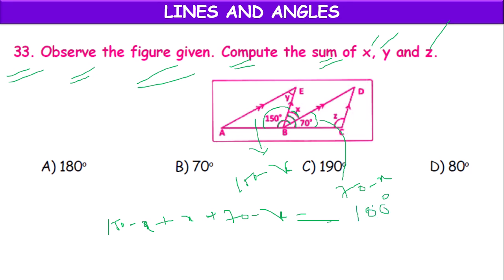So minus x plus x cancel. 150 plus 70, 220. 220 minus x equal to 180 degrees. So minus x will go that side, 180 will come this side. X equal to 220 minus 180, which is equal to 40 degrees. X value we will get 40 degrees.